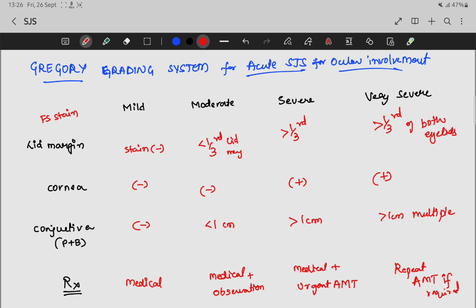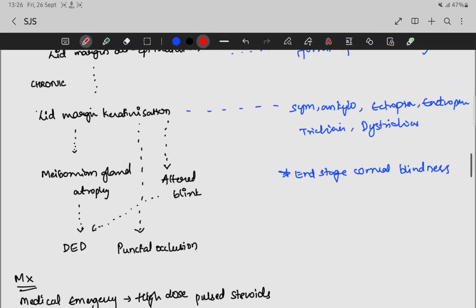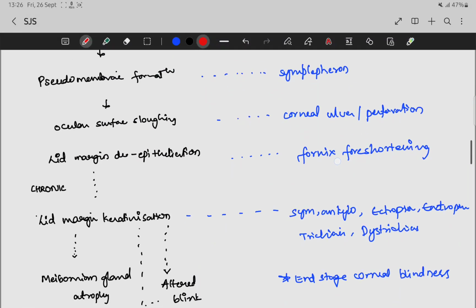Coming to the chronic SJS sequelae, as we have discussed over here. So these are all the sequelae which we have seen, right? How do we treat all these things? There is symblepharon, lagophthalmos, entropion, ectropion, dry eye disease, keratinization and end-stage blindness. All these need to be managed.